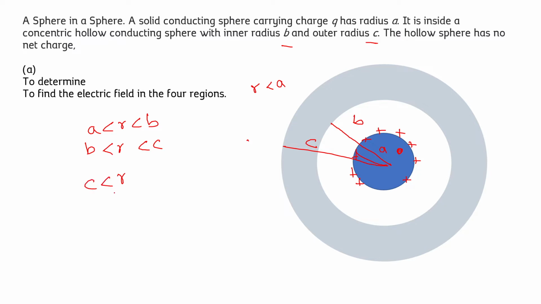So first of all, let's understand the electrostatics. In electrostatics, like charges always repel each other and unlike charges always attract each other.